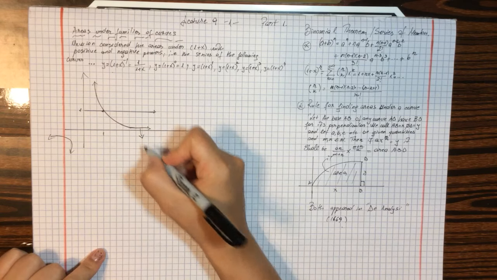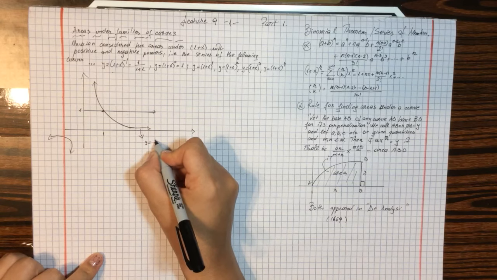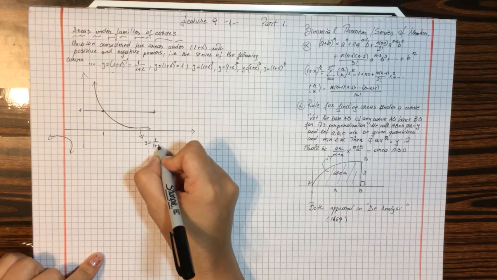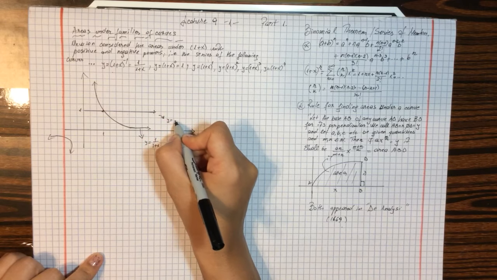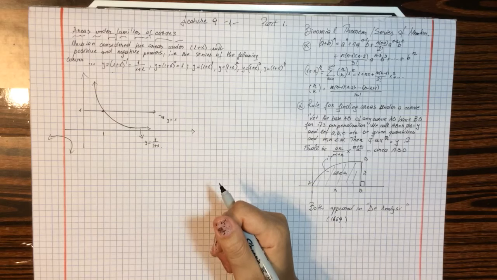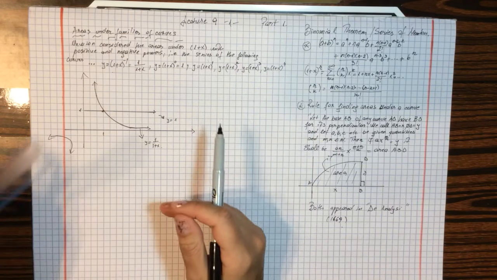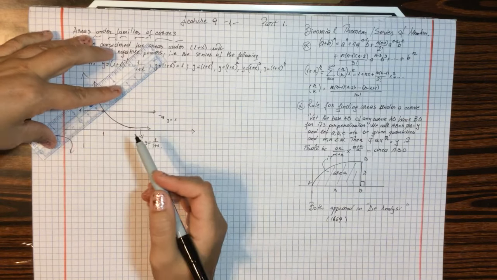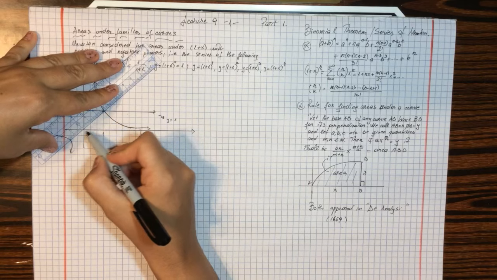So this is the graph of y equals 1 over 1 plus x. This is the graph of y equals 1. The graph of 1 plus x to the power 1 is actually a straight line.